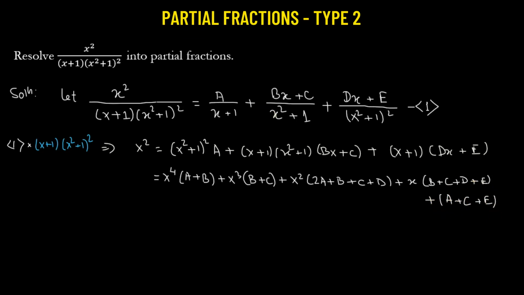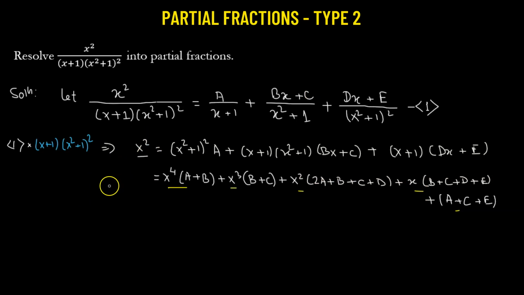Now we can observe that there are in total 5 terms. The first term contains x raised to the power of 4, then we have x cubed, x squared, x and the constant term. But on the left hand side we only have a single term, x squared.